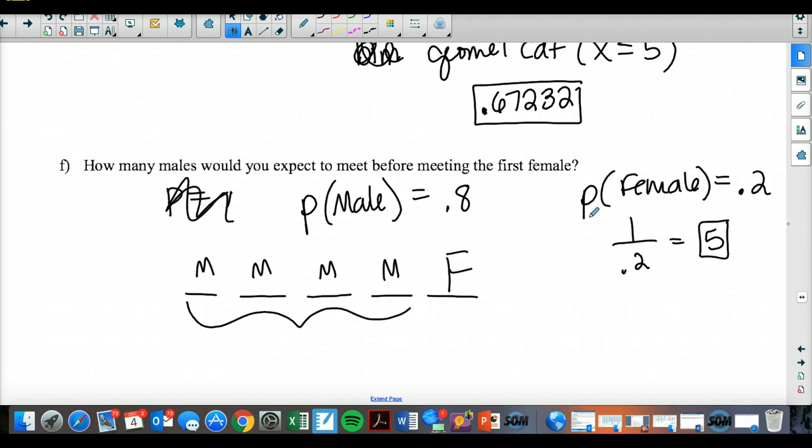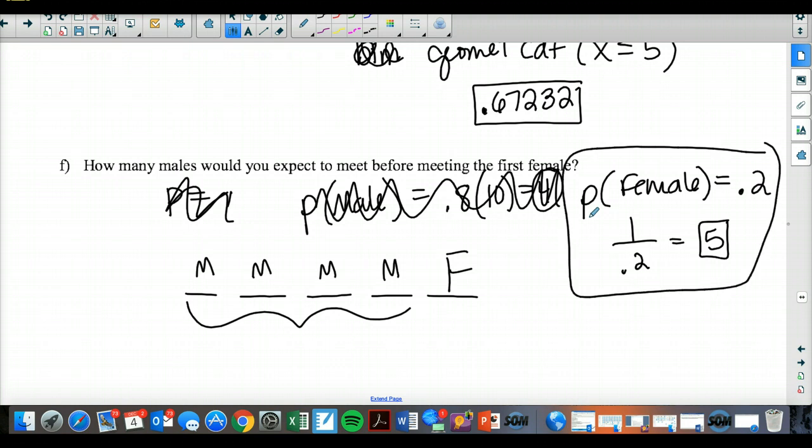I was thinking of this, 0.8 times 10 is 4, but I can't figure out why I'm thinking that. But it doesn't matter. This is what matters. If you're expecting to have 5 trials before you hit a female, then your first 4 must be males.